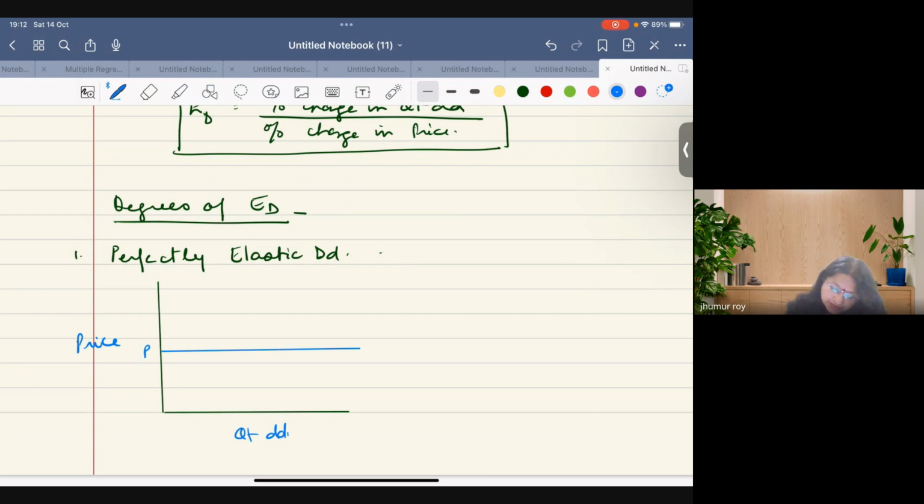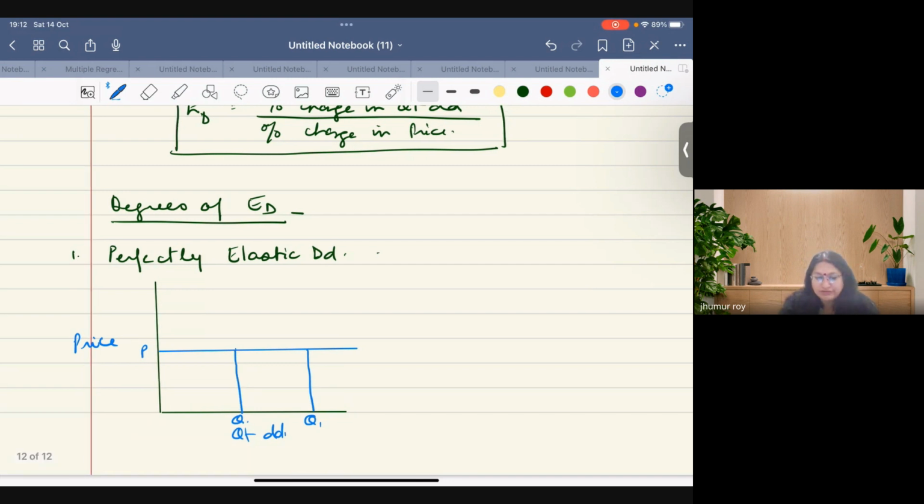Now, what happens is, if the price changes by such a small amount that you can't even show it as a separate line, that much small change will bring about a huge change in quantity demanded. Suppose your quantity was here, a very, very small change means maybe $0.2 or even less than that. If there's such a small change which can't even be shown, there is a huge change in quantity demanded.